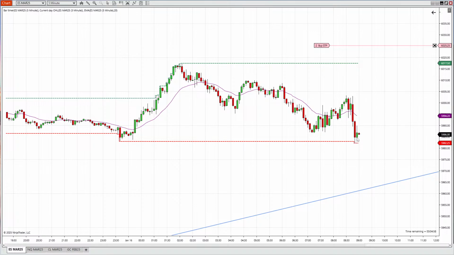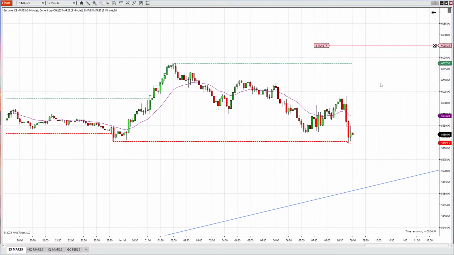Kind of a weak bar, finishing a little under 50% of its midway point. So I'm going to sit here and wait for a second entry. I'm not going to use this as a signal bar.